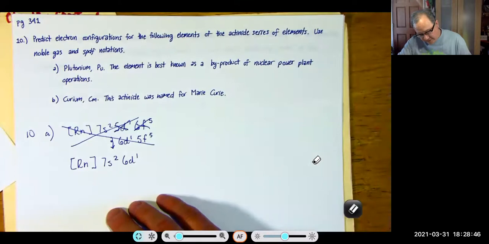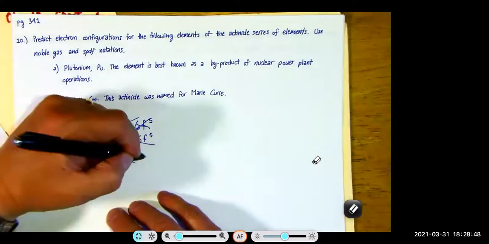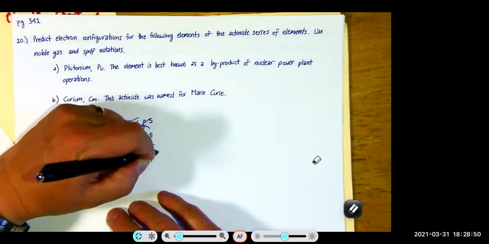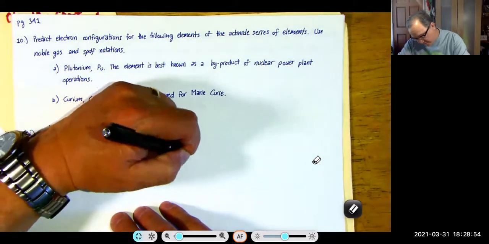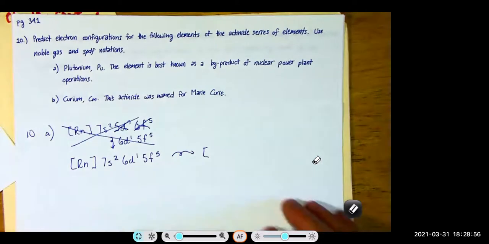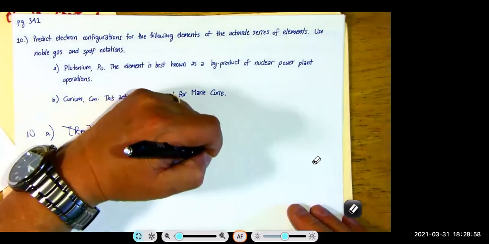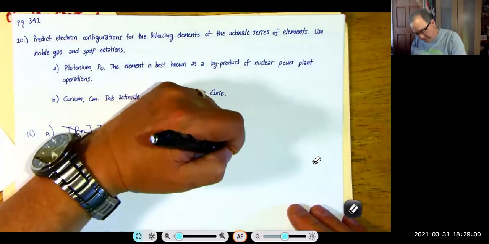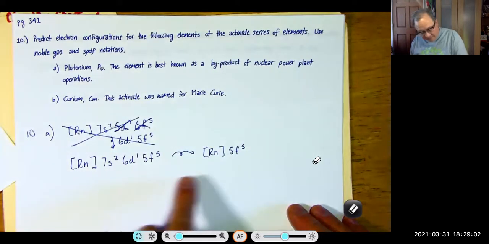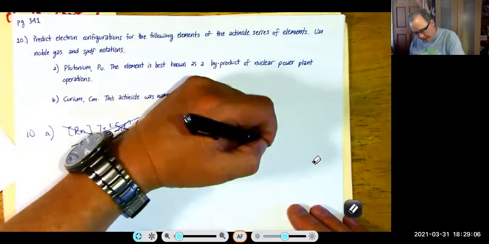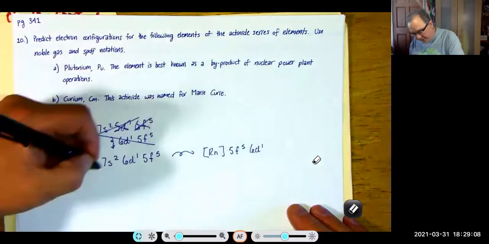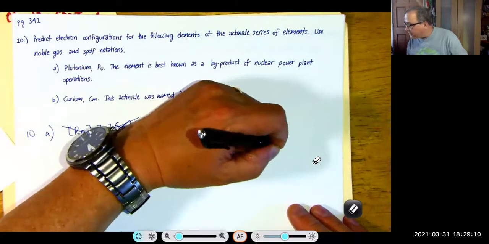And then 5f5. Okay, and then we rearrange this and what do we get? 5f5, 6d1, 7s2. So radon, 5f5, 6d1, and 7s2.